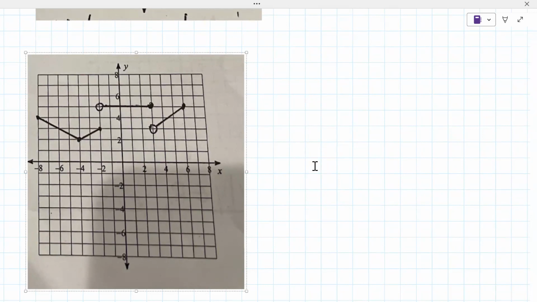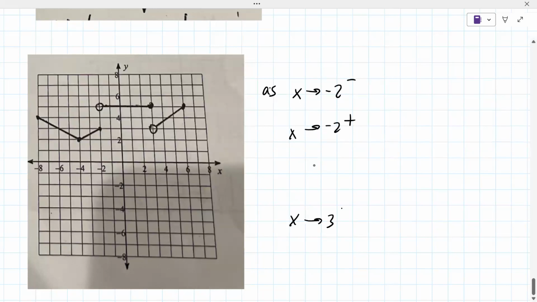So as x approaches -2 from the left, f of x equals 3.